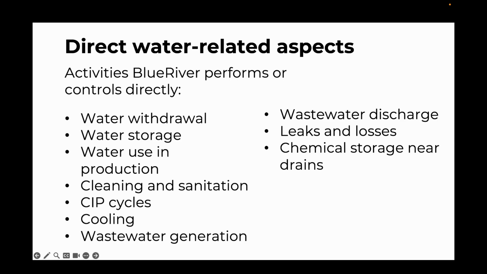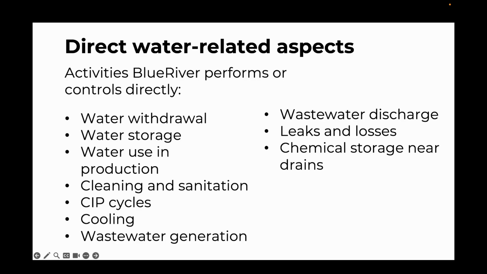Now, direct aspects are usually easier to identify because they happen inside BlueRiver's own operations. For example, water withdrawal is a direct aspect. BlueRiver uses water as part of its product and process. Cleaning and sanitation are also direct aspects. They consume water, they use chemicals and generate wastewater. Leaks and losses are direct aspects because they represent unnecessary water consumption.